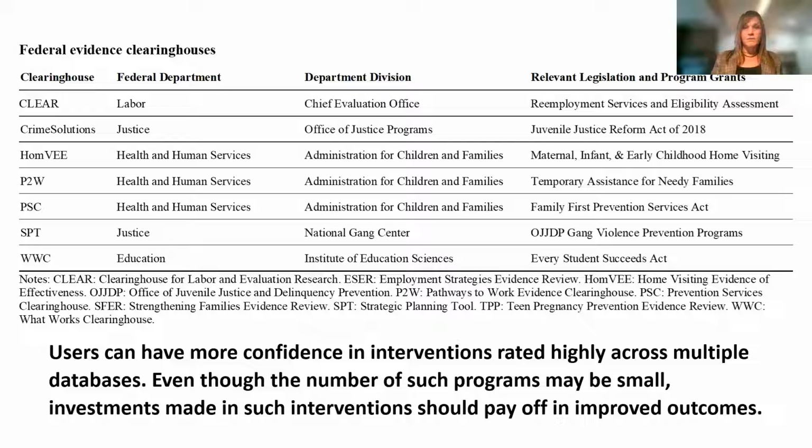One takeaway to consider is that if you find an intervention on one website and it also exists on another, users can have, like a second opinion, more confidence in interventions rated highly across multiple databases. Even though the number of such programs might be small, investments made in such interventions should pay off in improved outcomes.